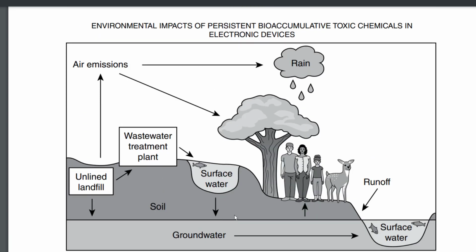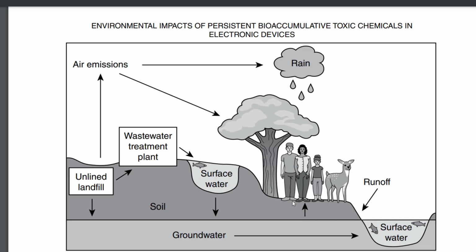So what is the idea of this particular chart? Well, it could be that an unlined landfill leaks, but that doesn't seem to be it. That's really a small part of the chart. What do we see? I see arrows going everywhere, all over the place. That seems to be telling me that the toxins from a landfill are going everywhere into the air, which gets into the clouds and into the rain, which comes down onto the trees and the people.